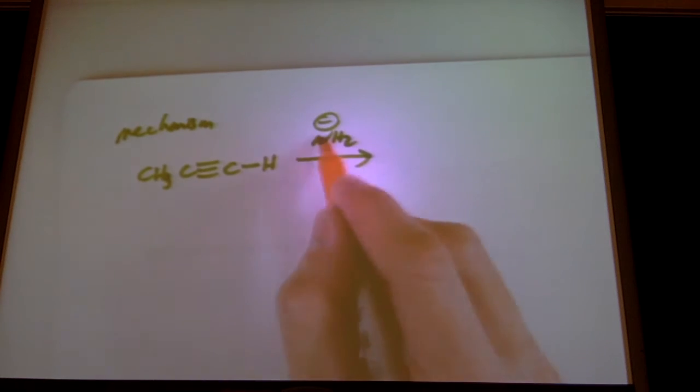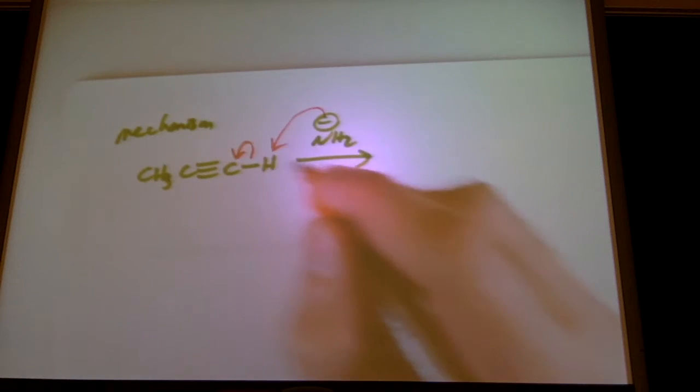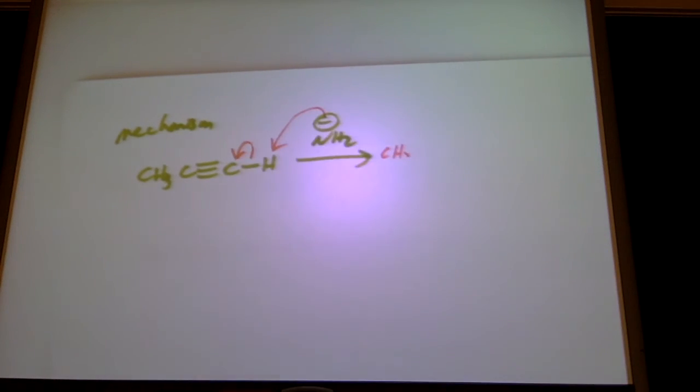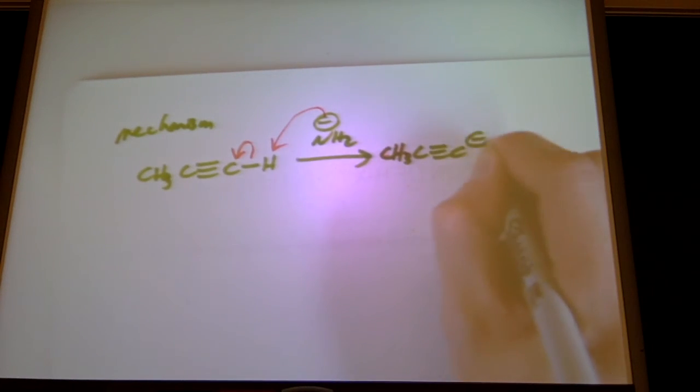I have my strong base. I know this is a strong base, weakly acidic proton, proton donor, proton acceptor, takes off the hydrogen, makes my ion. Now this is relatively stable, and that's why I can lose it, but it's still not very stable, so this is going to be highly reactive.